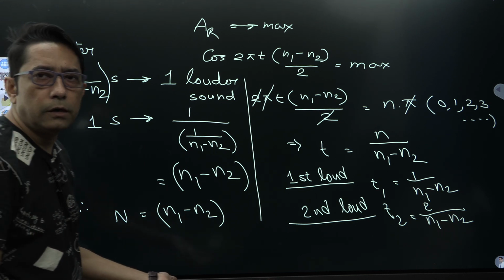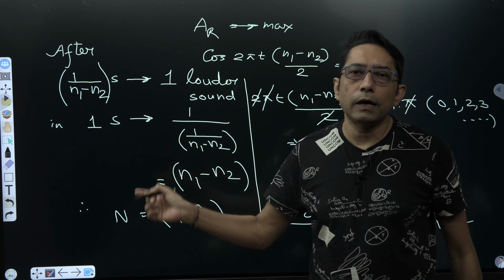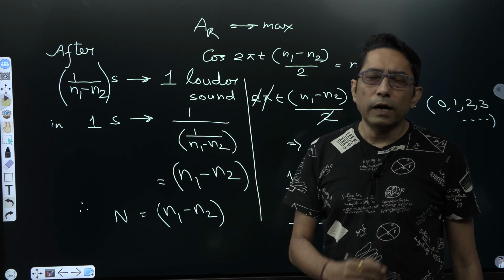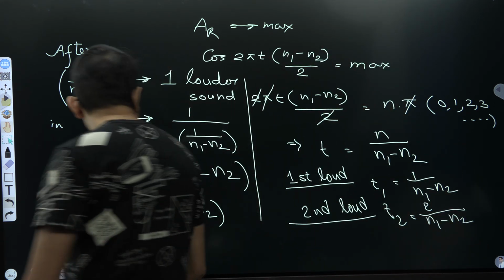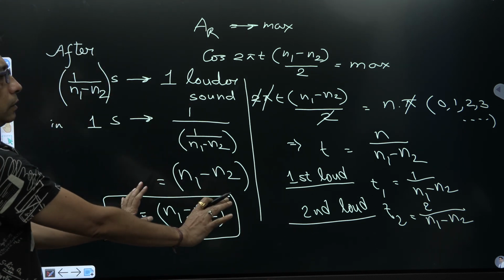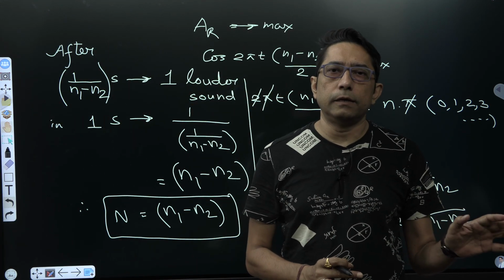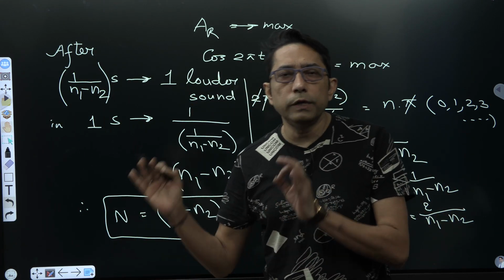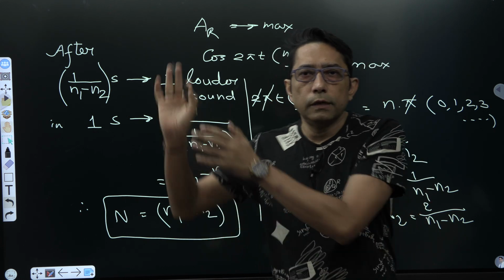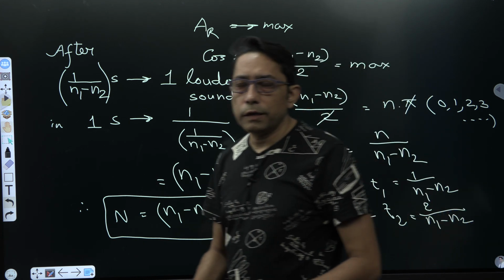If n2 is greater, then n2 minus n1. Both can happen, and that is the source of problem. Why? I am showing you. First, this is the theory part covered: derive an expression for the number of beats per second in terms of the frequencies of two vibrating bodies. This is the derivation. You get 3 marks for this.